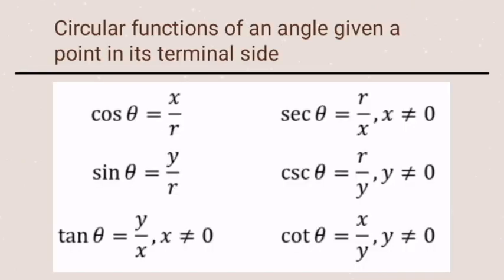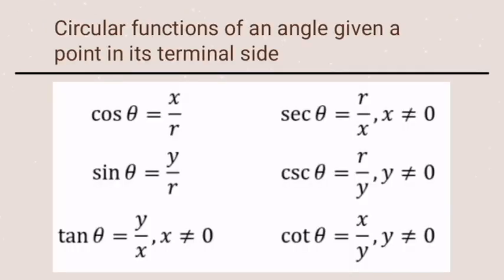Next, how can we derive the six circular functions, di ba, since we already determined them using the unit circle, if the given radius is not equal to 1?